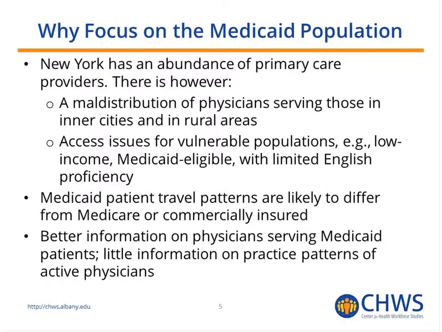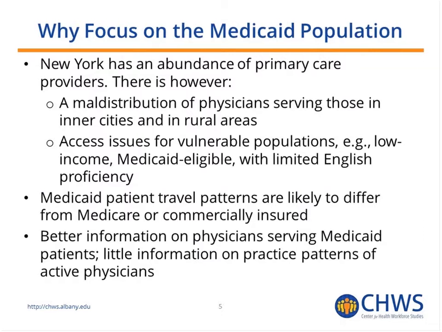So I want to start by saying why we focused on the Medicaid population for this work. In New York, we have an abundance of primary care providers when you compare it to our population compared to most other states. So, we realize there's a maldistribution of them, especially in inner cities, especially in more rural areas.